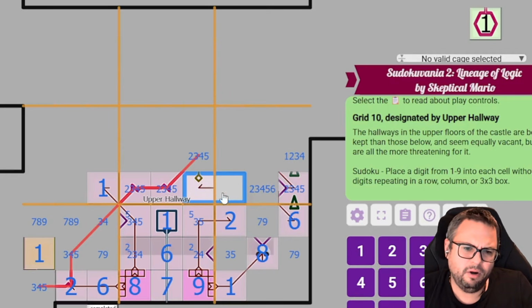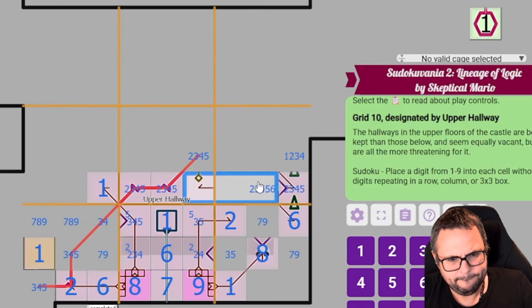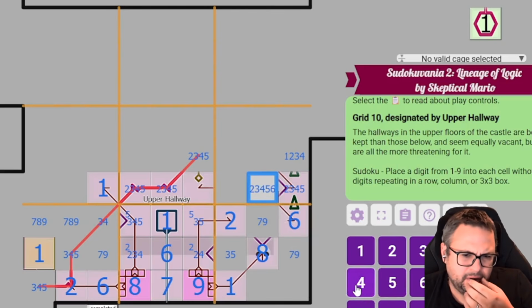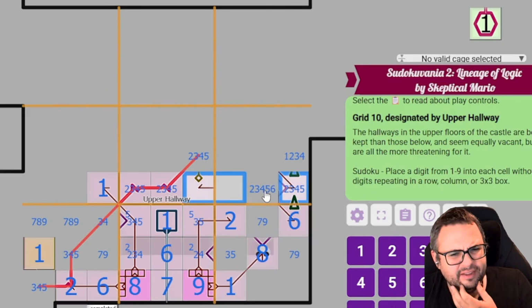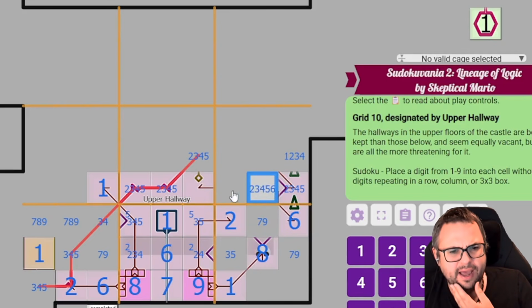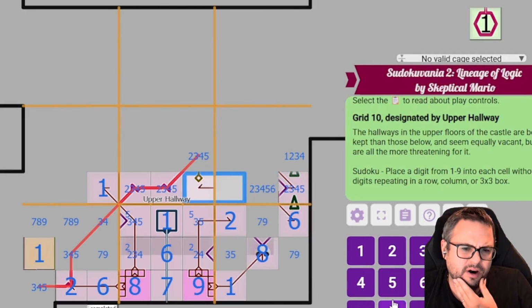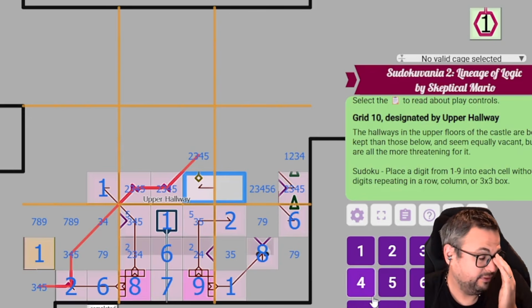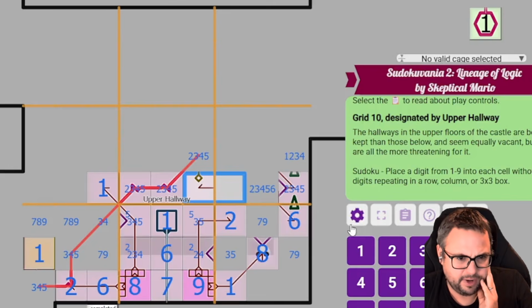It looks to me like all three of these are on an arrow. Yeah, but this can't be 2, 3, 4, 5, because if this is 2, 3, 4, 5, then these two are now all a minimum of 6 and 7, which is way too large, right?